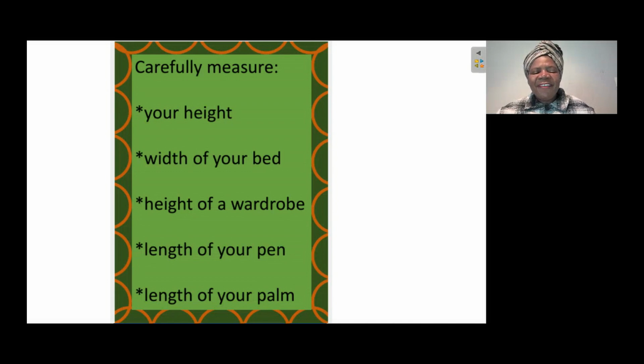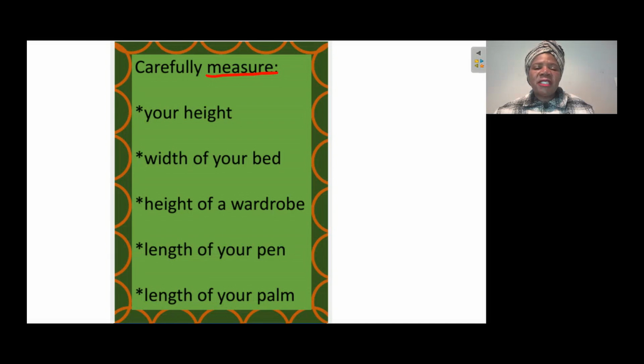Now we have where we have to do something. Carefully measure. I would urge you to take these things down so that you practice measuring. When we are measuring, okay, we need to first see how big is the thing that we are measuring.